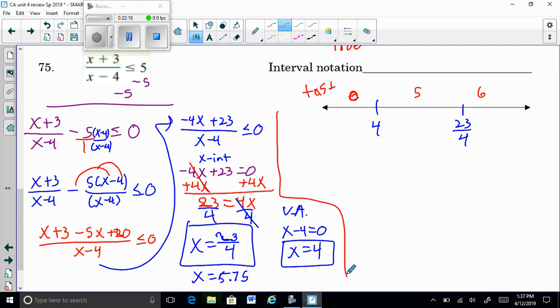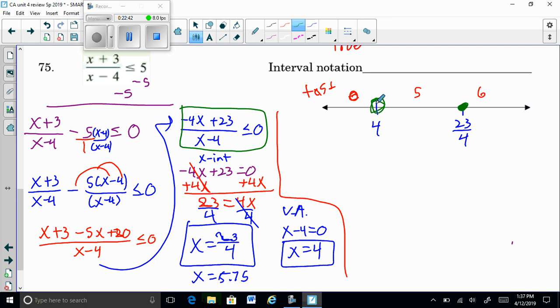Real quick, my x-intercept is actually included. So I do want to include 23 over 4, because that would cause the expression to equal 0, which is less than or equal to 0, which, because of my inequality sign, is good. 4 cannot be included, because it's the vertical asymptote. So that vertical asymptote will always be an open circle.